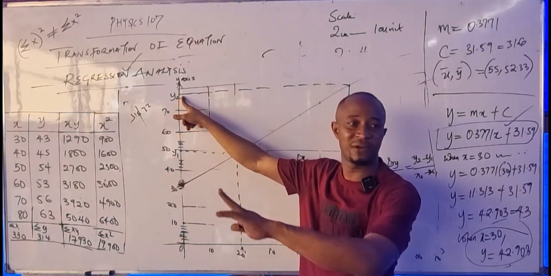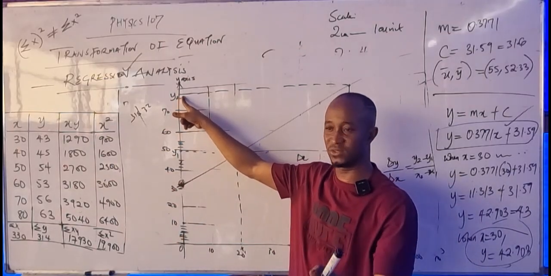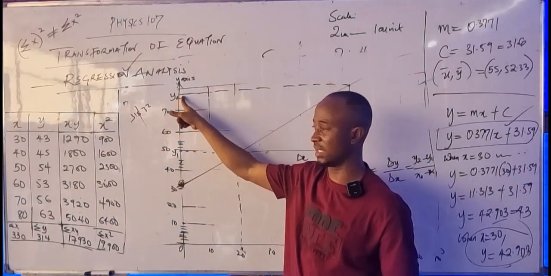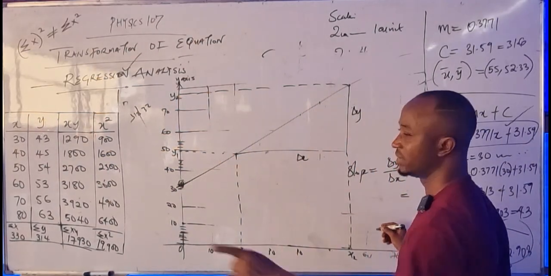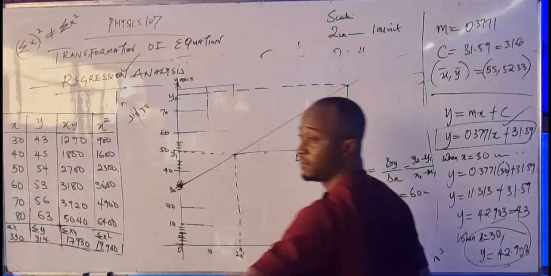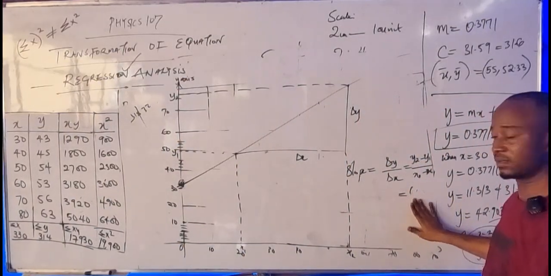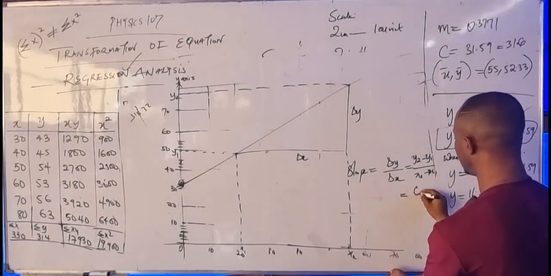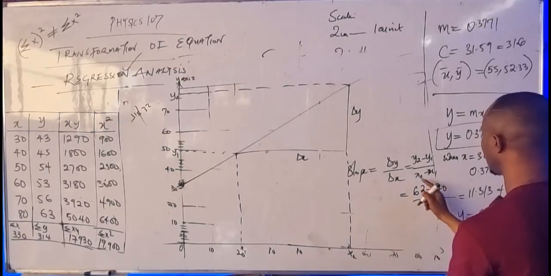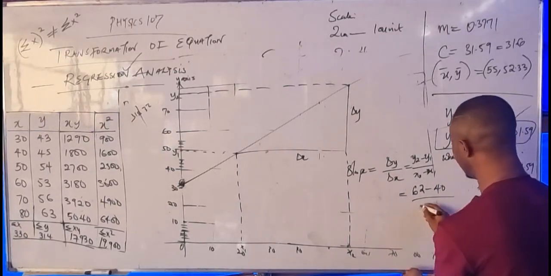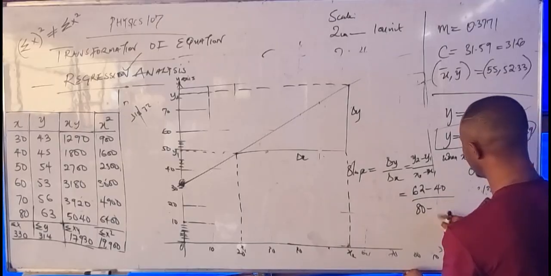You guys will have different values. Hope you are aware. Use your own value for me. What do you have as a Y2? Give me your own value again. What's the Y2? 62 minus, what's the Y1? 40. What's the X2? 80. What's the X1? 22.